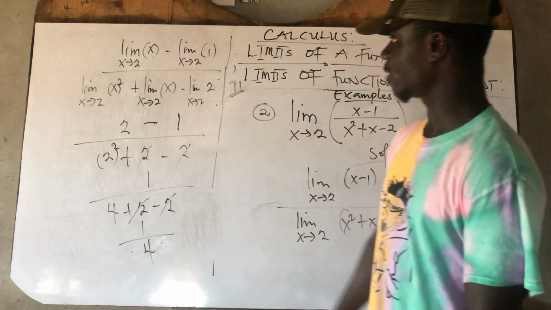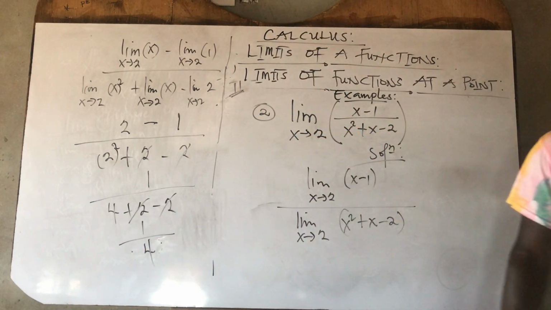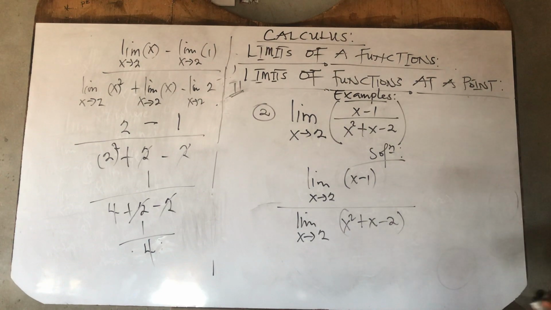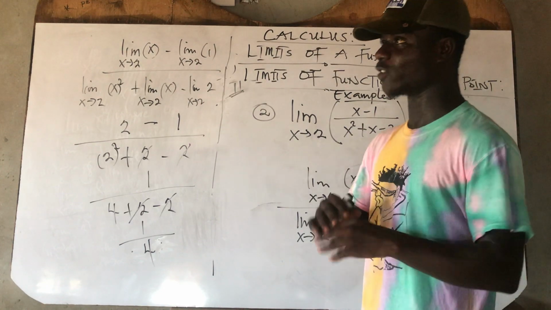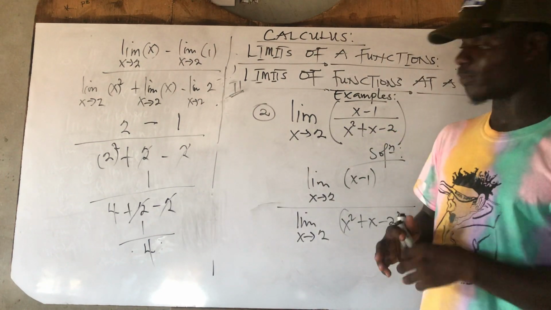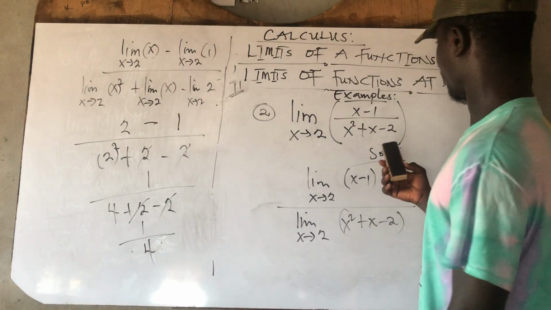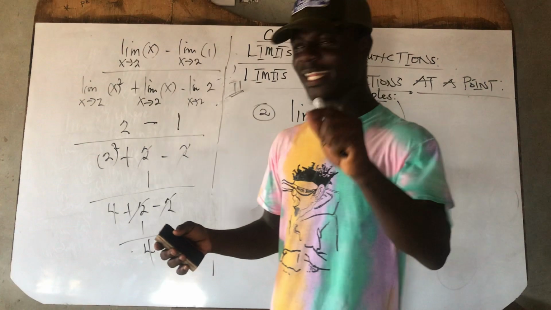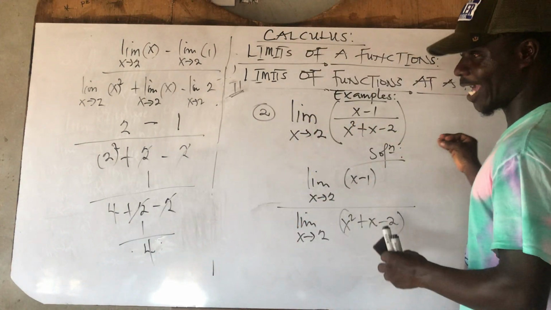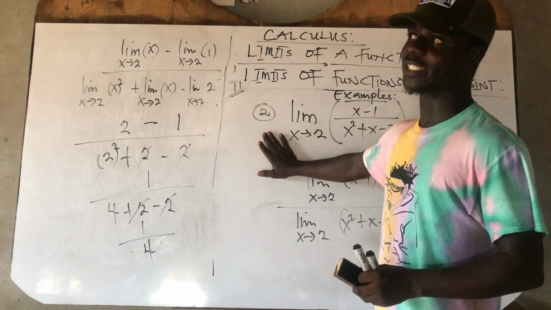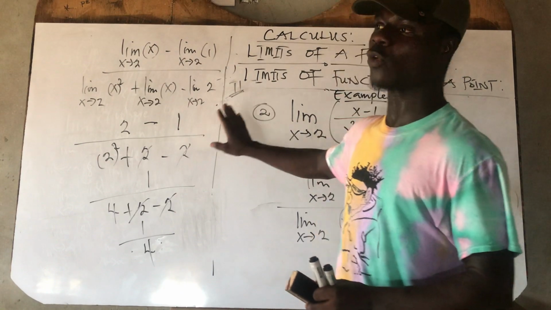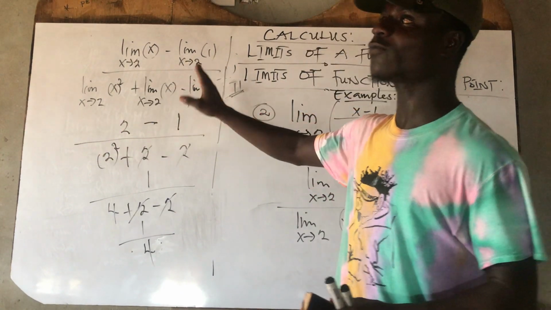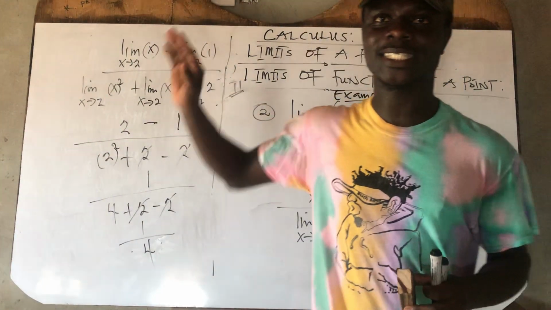So alright, let's see the third question. We can see that direct substitution is very, very simple. And also, if they give you the limit, this one is type 1, right? I said there are sometimes you cannot do direct substitution, and you have to do simplification.